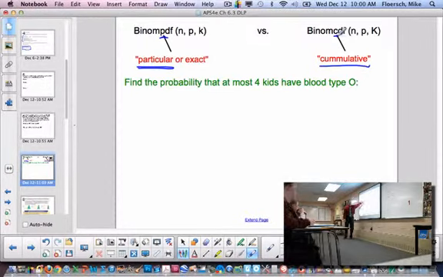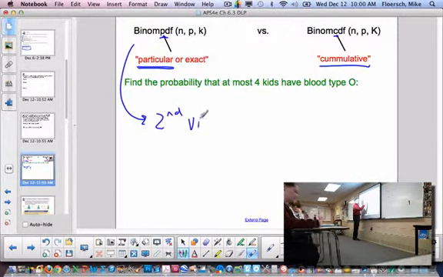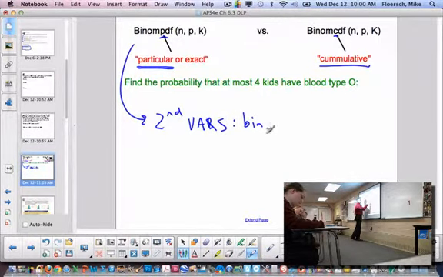You don't have to worry about that question right now. PDF versus CDF. So go to your calculator, go to second vars, which is distribution, because we're dealing with distributions, normal or binomial or geometric later. Binomial, so scroll down or scroll up and go to binomial PDF or CDF. It depends on your calculator, it's 0 or A, I think.